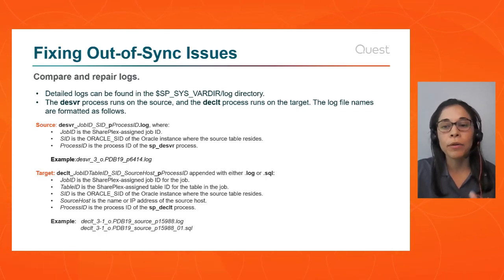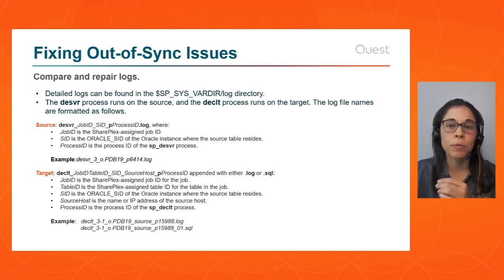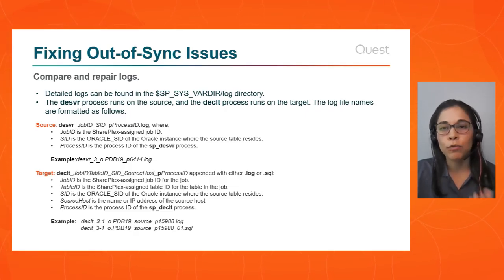Each log is uniquely named with the specific job ID, the SID of the Oracle database, and the process ID from the OS. It helps you identify on the target side what repair job or compare job is running, and all the information related to that specific process. It is going to pinpoint any issues during the process, so you can go directly to the specific log to find information for this compare and repair process.